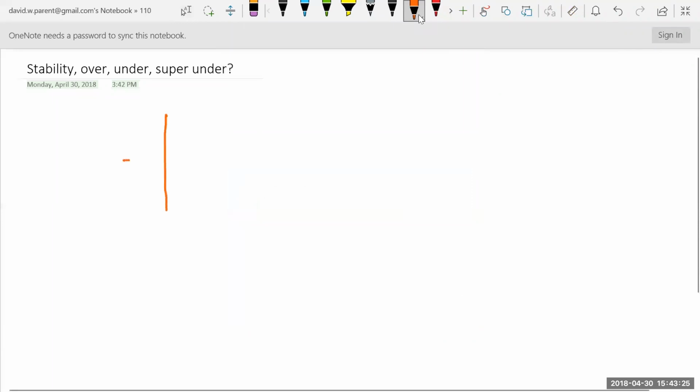Let's just have a quick review. Here is our S plane, right?